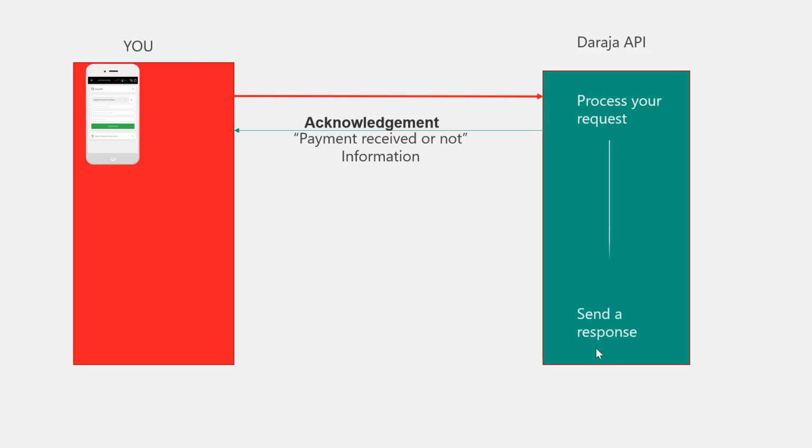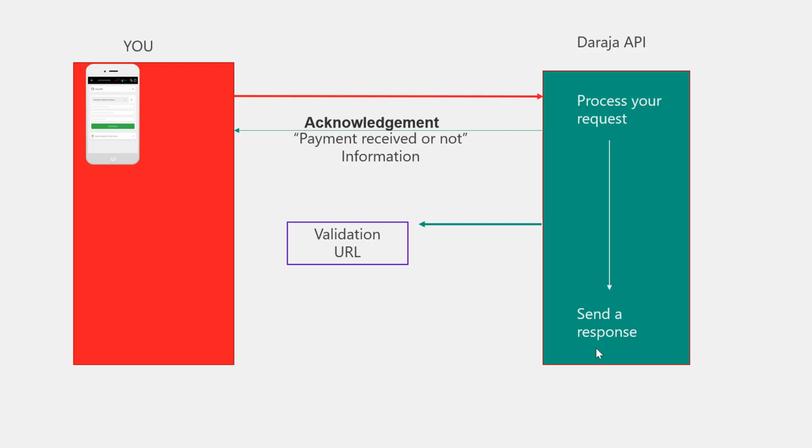Then the slight difference here is that when Safaricom is processing your request, assuming you've put everything correct, it first contacts your validation URL. Remember we said for C2B we need to have 2 URLs, so it's going to send some information to your validation URL, and here we are supposed to do our own validation.